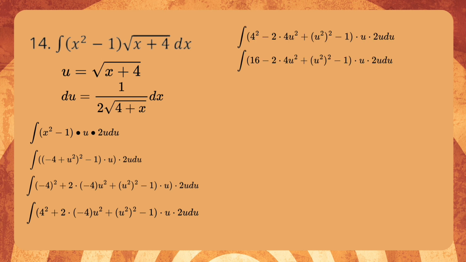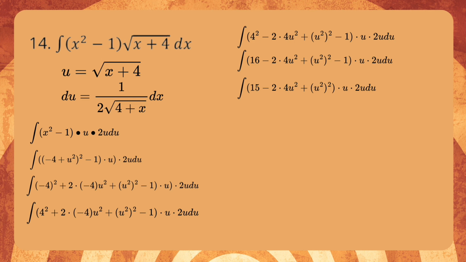In this ika-calculate lang natin yung power ni 4 squared, kaya siya magiging 16. So magiging integrals of 16 minus 2 times 4u squared plus u squared minus 1 times u times 2u du.